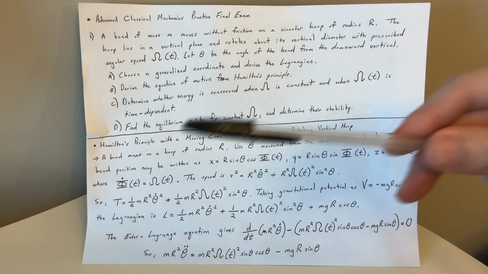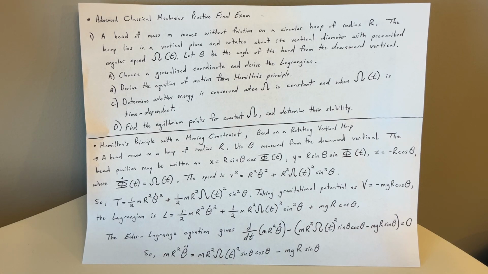So let's begin here. A bead moves on a hoop of radius r. We're going to use theta measured from the downward vertical. And the bead position may be written as x equals r sine theta cosine capital Phi of t, and y equals r sine theta sine of capital Phi of t.